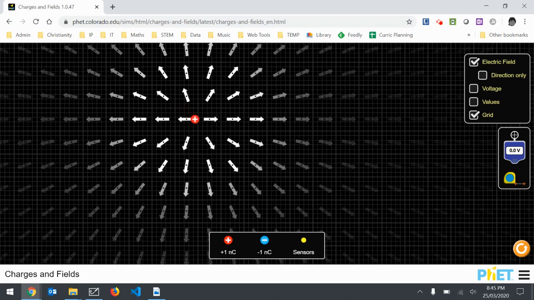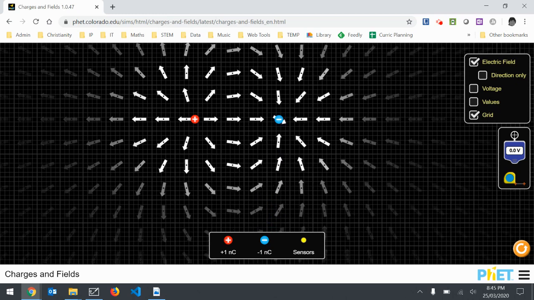Now what happens if I now put a negative charge around? If I grab this one and put it over here, you can see that some of the field lines are starting to change. For example, on the top, in the middle here, the vector arrow is actually going almost horizontally.